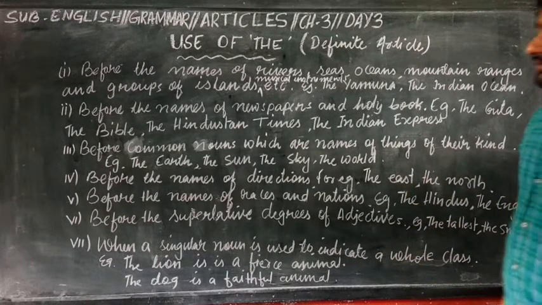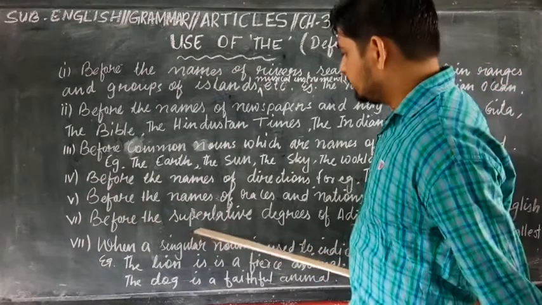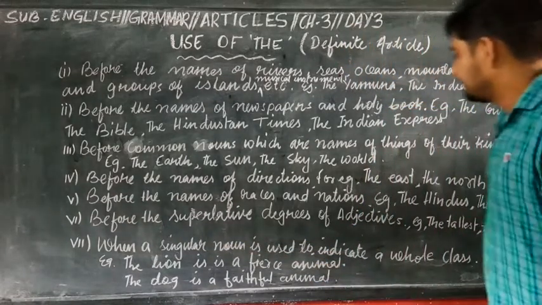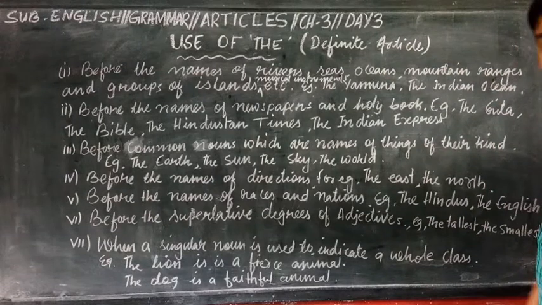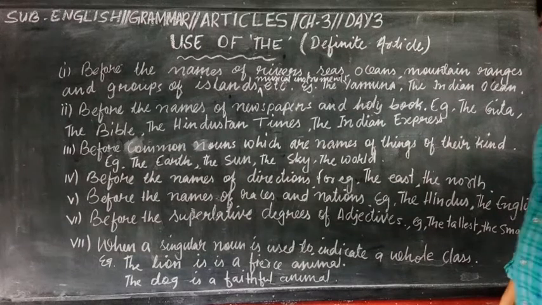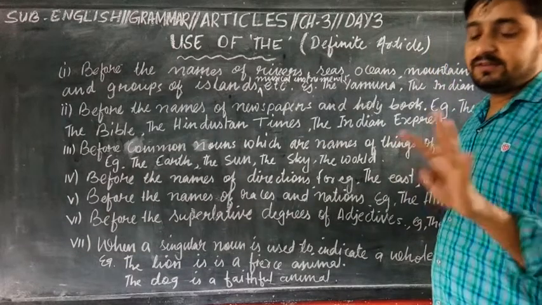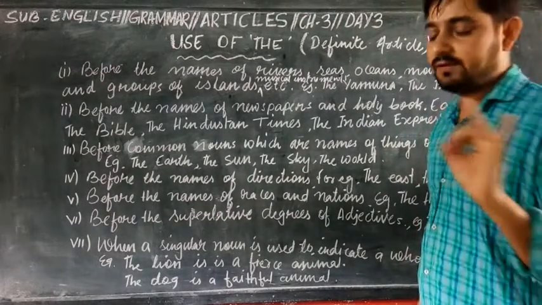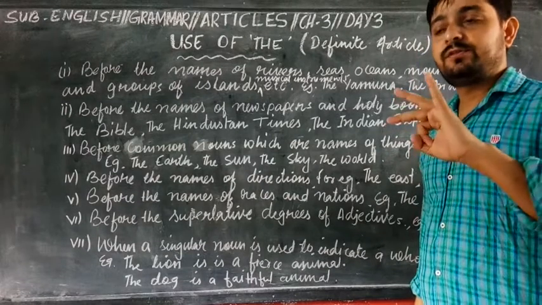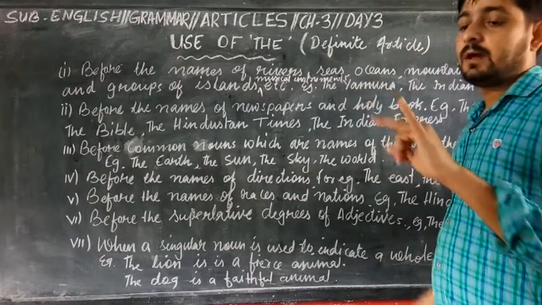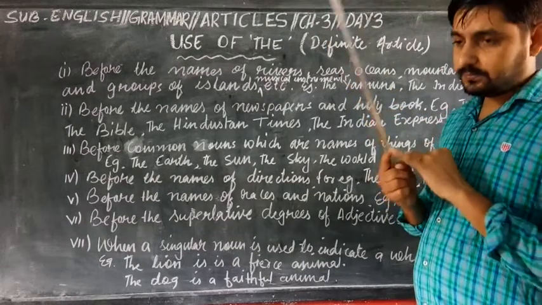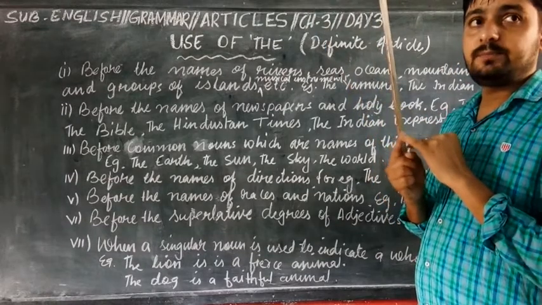Again, point number 6: before the superlative degrees of adjectives. Superlative degree means, in adjectives there are 3 degrees: positive degree, comparative degree, and superlative degree. In the positive degree, to give an example, tall is positive.